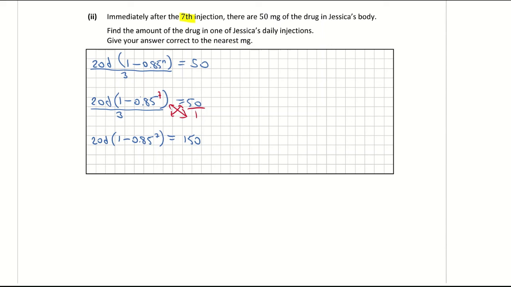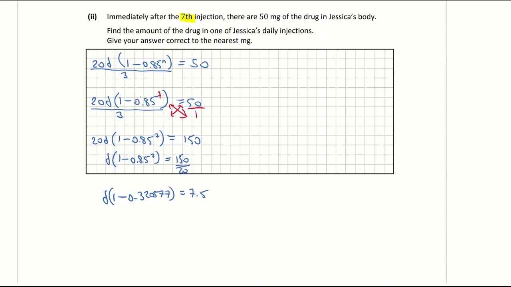Dividing across by the 20 will give me d times 1 minus 0.85 to the power of 7 equals 150 over 20. If I work out now what's inside my bracket here, that's going to give me d times 1 minus 0.320577 equals 150 over 20, which simplifies to 7.5.